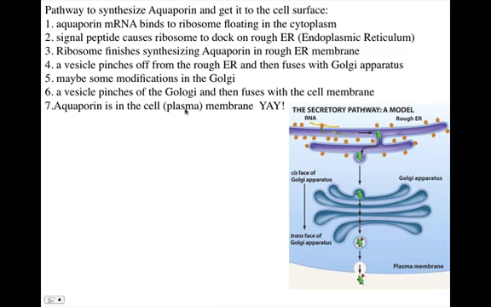I won't read through this. This is just some summary of aquaporin synthesis. And like I said, I have emphasized that this isn't all cells. Bacteria don't have aquaporin, but it is lots and lots of cells. All plants and animals have it, and this is how that protein gets made.